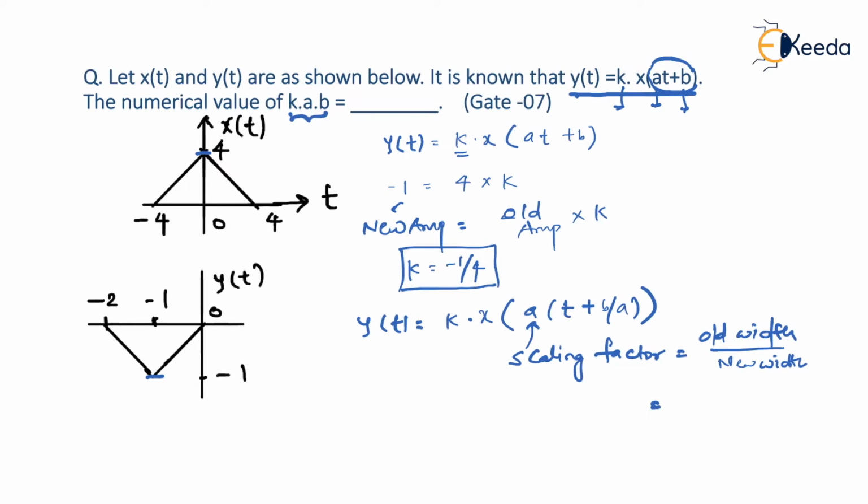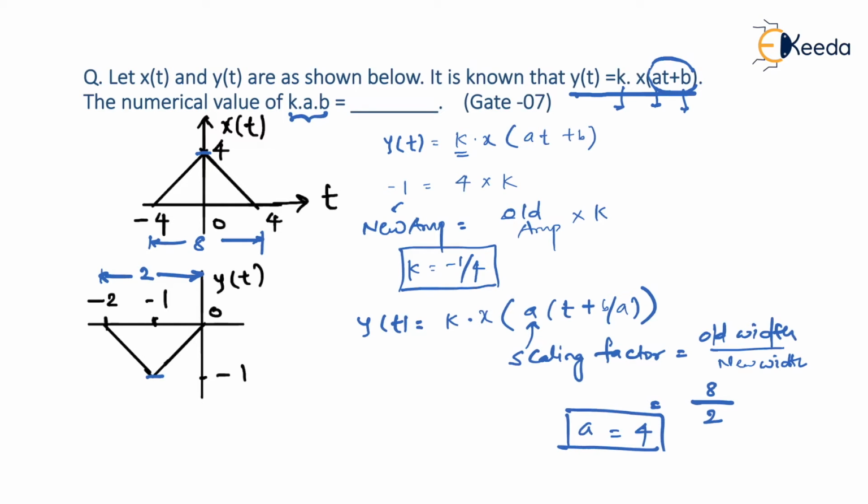So the width of y of t is considered the new width, and the width of x of t is considered the old width. As you can see, old width is 8 and new width is 2. So the scaling factor is 4. The value of a is equal to 4.